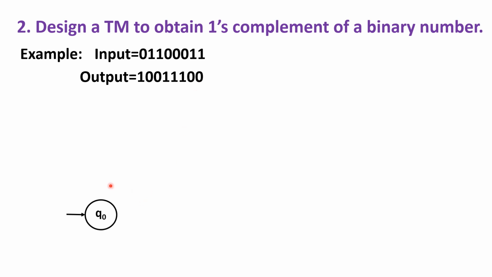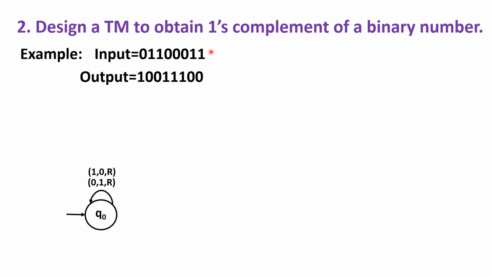So here we need a single state Q0, which is the initial state, wherein if we come across a 0, replace it by 1, move towards the right and be in the same state. Similarly, if we come across a 1, replace it by 0, move towards the right and be in the same state until all the zeros are interchanged to 1 and 1 is interchanged to 0.